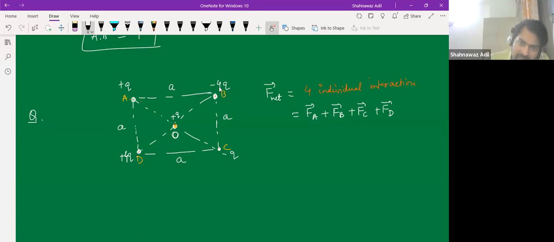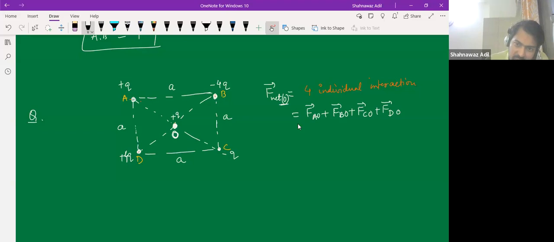So one idea would be to look at the contribution from each charge. At this point O, we are calculating the force on O due to A, B, C, D, so FAO, FBO, FCO, FDO.